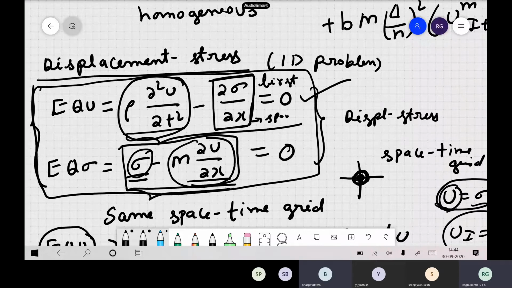Then obviously the grid will be different, the staggered grid. The next formulation we will see is the velocity stress formulation. In the velocity stress formulation, the equations are different, so the grid also will change. So this grid is valid only for these two equations.